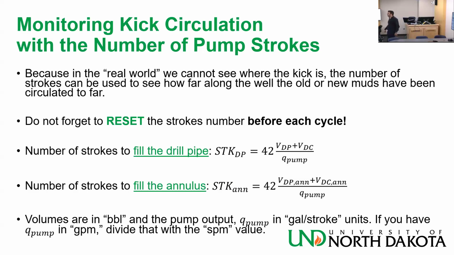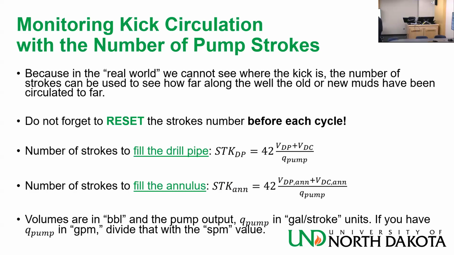So if it's gallons per minute, use the 42 to go from barrels to gallons in the numerator, and in the denominator, divide Q pump by strokes per minute.